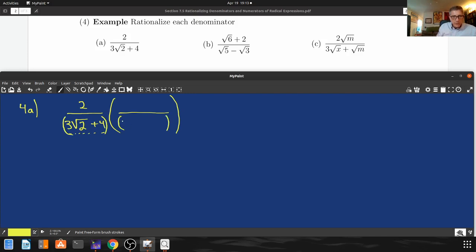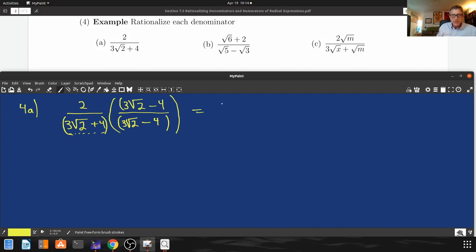So its conjugate's really easy. I just take the first term, 3 times the square root of 2, and I change the sign from plus to minus 4. And of course, if I do that on the bottom, I have to do that on the top as well because I'm really multiplying by 1.